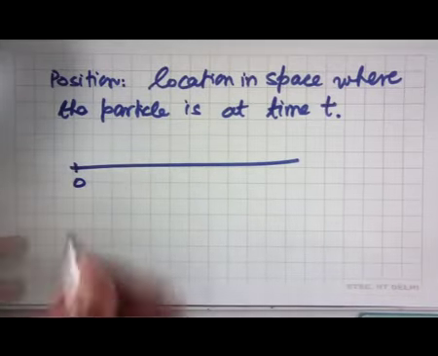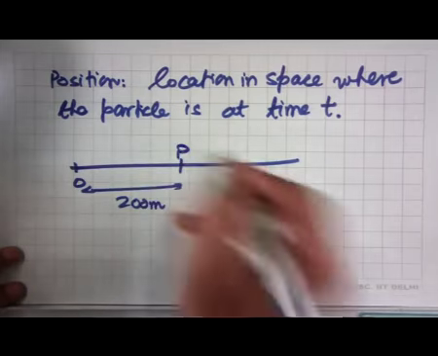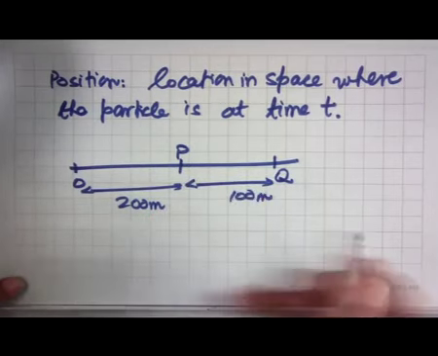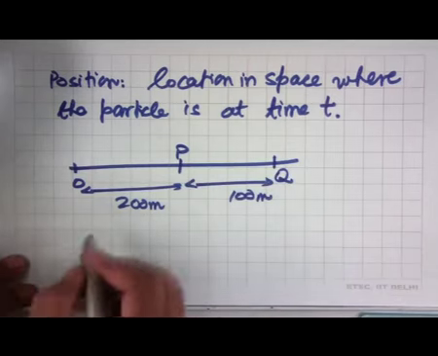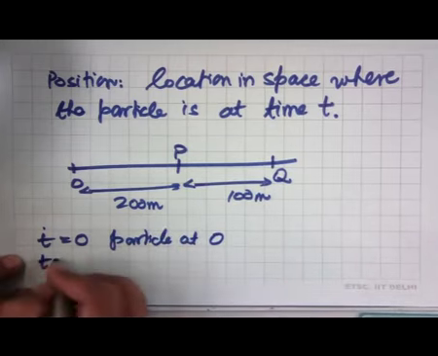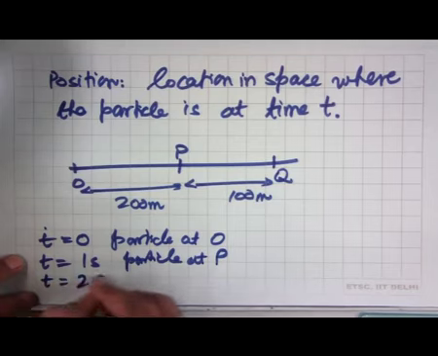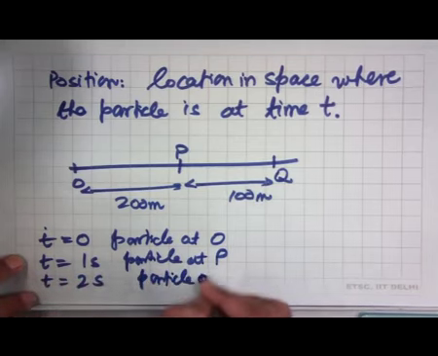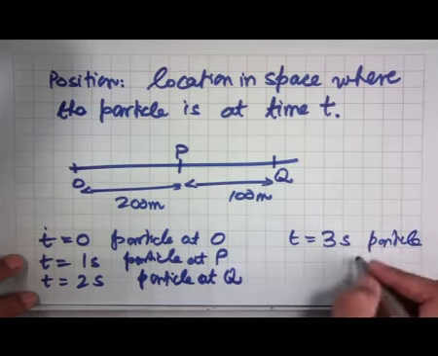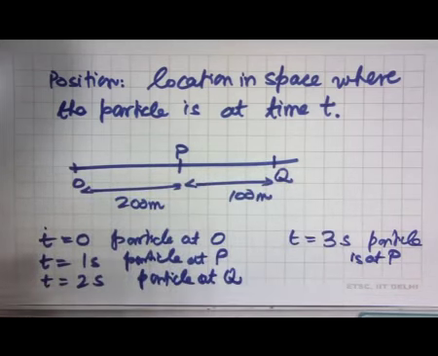At time t is equal to 0, the particle is here, at a distance of 200 meters is point P, and point Q is at another 100 meters from P. So, at time t is equal to 0, the particle is at O, at t is equal to 1 second, the particle is at P, at t is equal to 2 seconds, the particle is at Q, and at t is equal to 3 seconds, the particle is at P. That means the particle moves from O to P, P to Q, and then comes back to P.